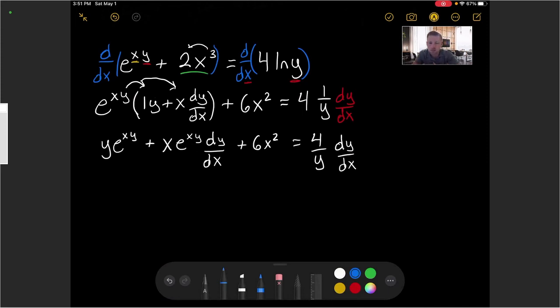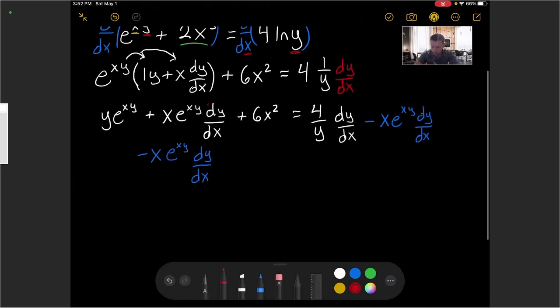This equation looks like it's just easier to manipulate if we subtract this x e to the xy dy/dx over to the right side. So we'll subtract there on both sides. When we cancel those out, we'll be left with non-derivative terms on the left.